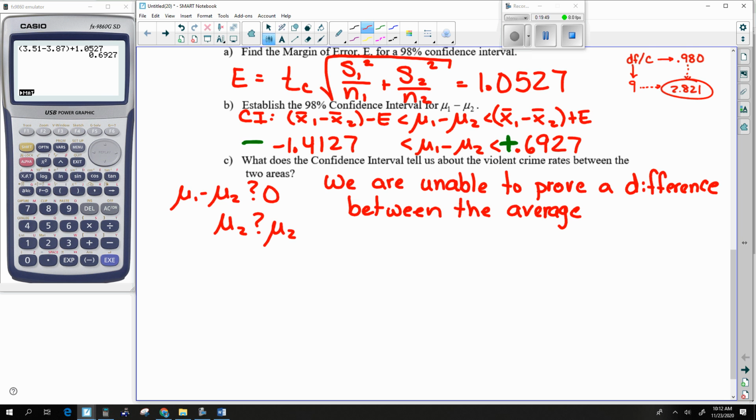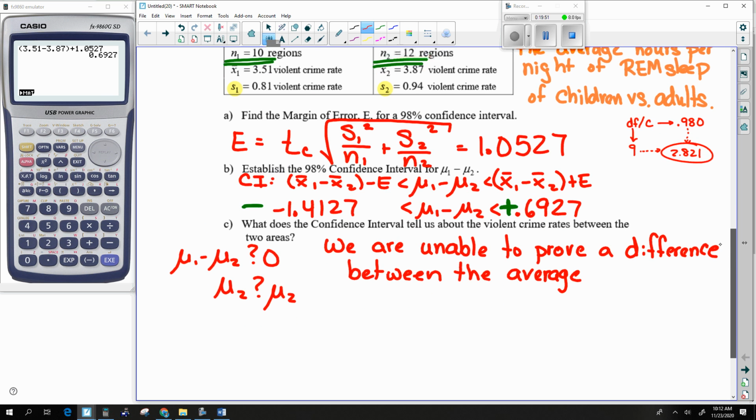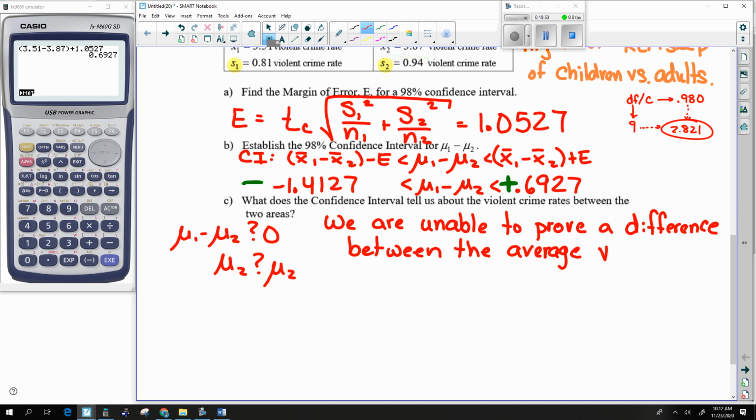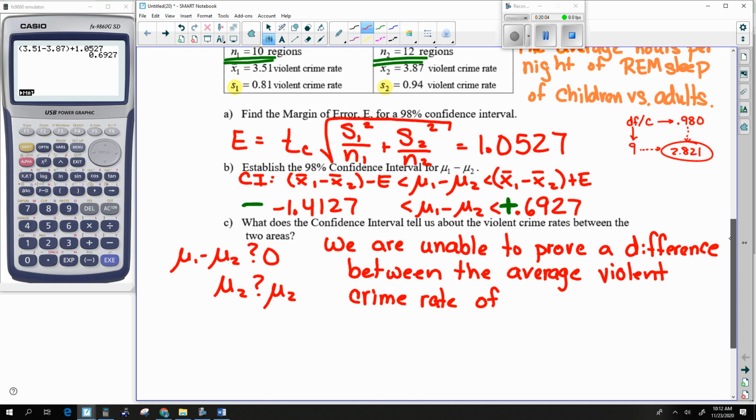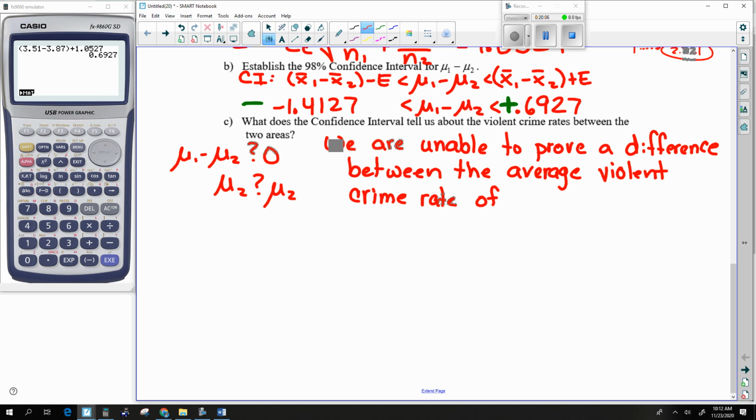Okay, so again, I look at X bar for my description, so violent crime rate, New England versus Rocky Mountain States.